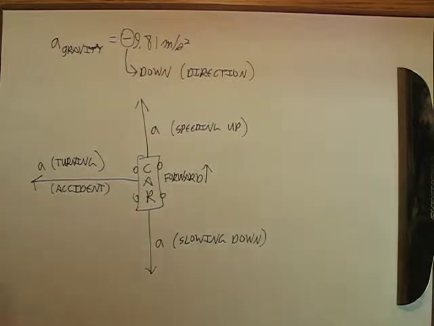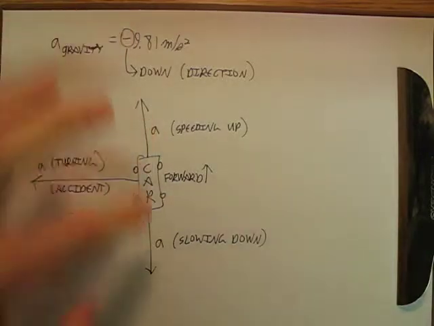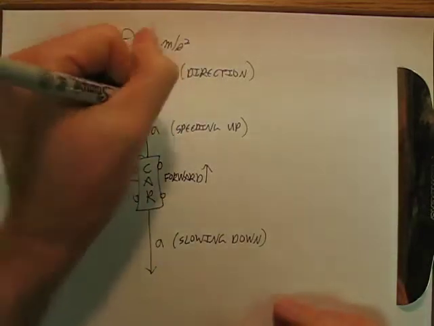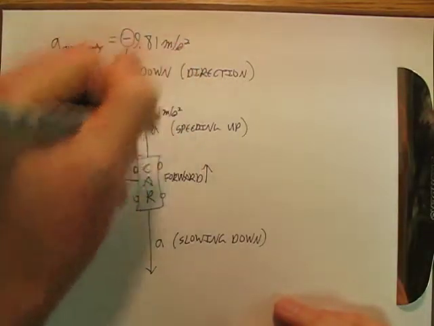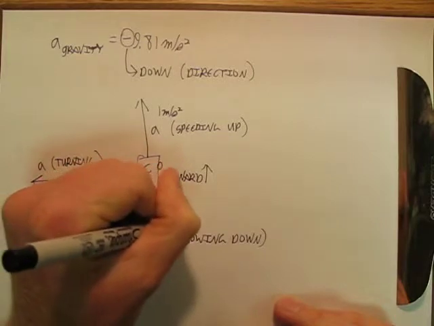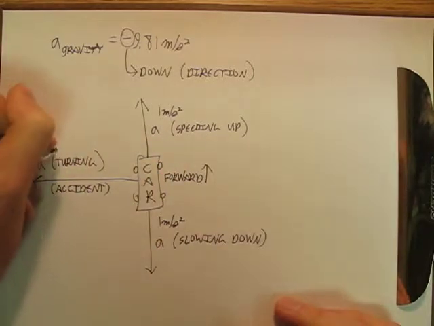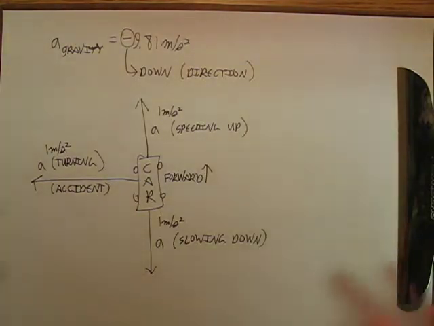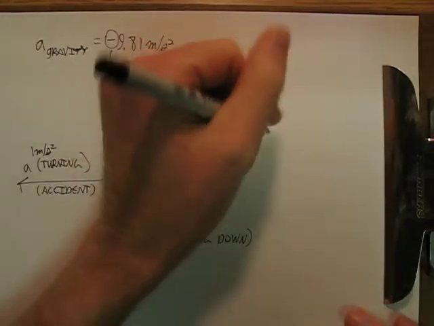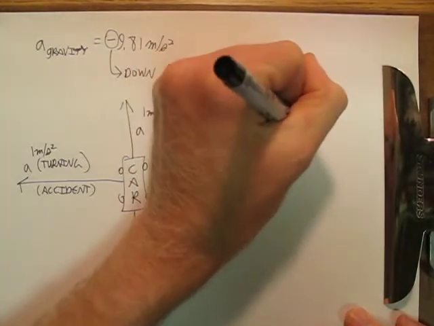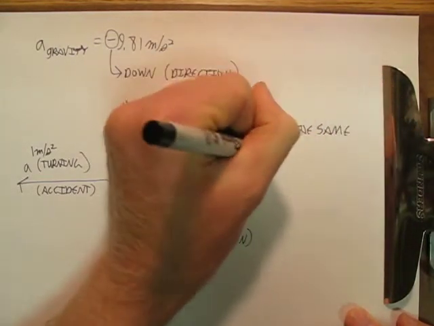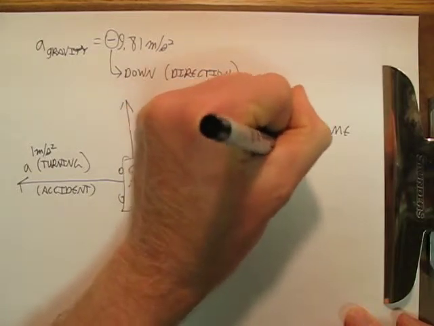Okay, so in all of these I could have the same number. I could say that this is 1 meter per second squared, 1 meter per second squared, 1 meter per second squared. And they would all have the same quantity. All the same, I'm going to use the word magnitude.